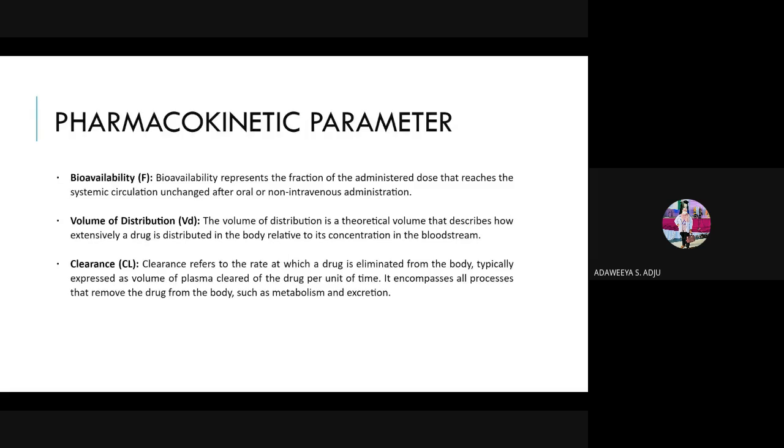And clearance refers to the rate at which the drug is eliminated from the body, typically expressed as a volume of plasma cleared of the drug per unit time. It also encompasses all the processes that remove the drug from the body, such as metabolism and excretion of the drugs.